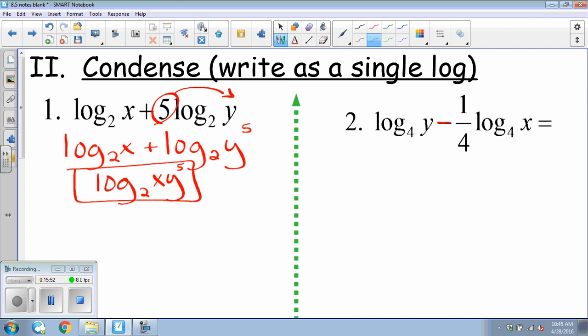So, my exponent in number 2 is what? 1/4. So I'm going to take that 1/4 and I'm going to put it back. That's x to the 1/4 power. So that's log base 4 of y minus log base 4 of x to the 1/4 power.